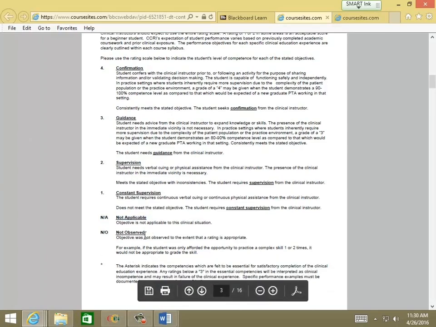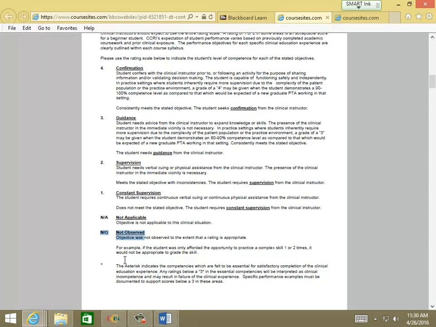And finally, the NO, which is a very important grade on our scale. This grade means that the objective was not observed to the extent that rating is appropriate. So I'll give you an example of that.